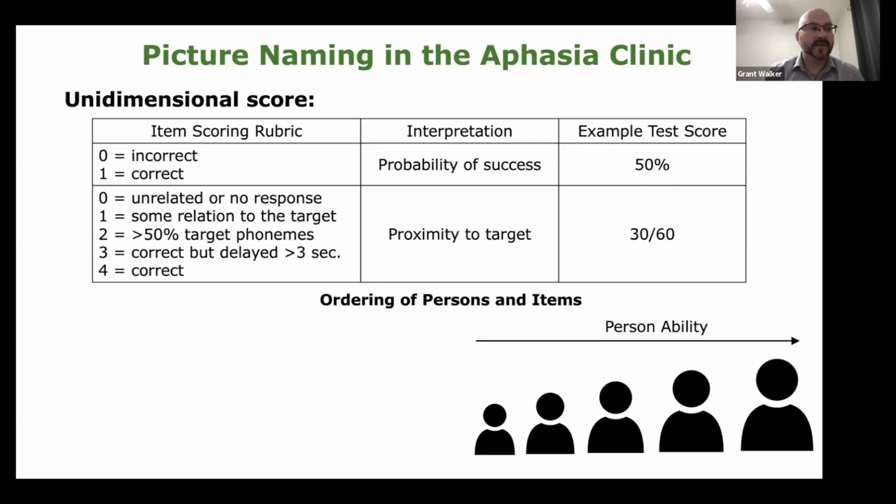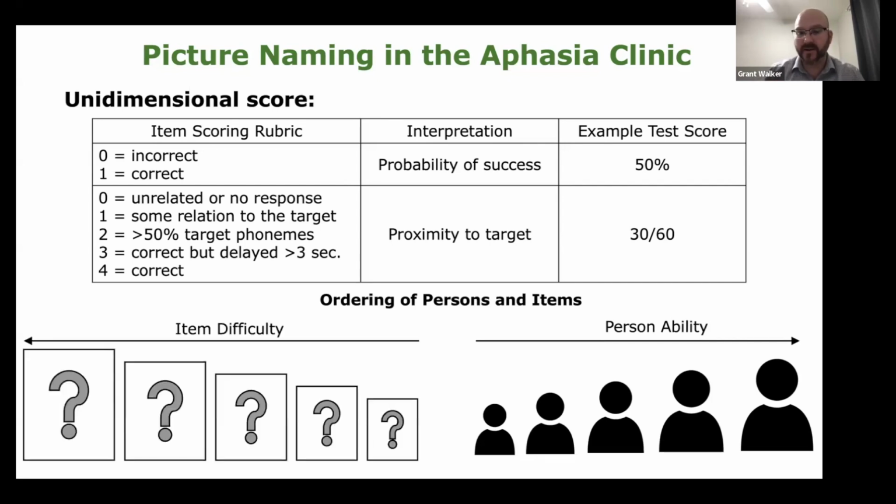So we can order the items and we can order the people. Being able to say this person is better than some other person, or better than the same person was 2 weeks ago, allows us to do mathematical computations and statistics and assess effects of intervention.